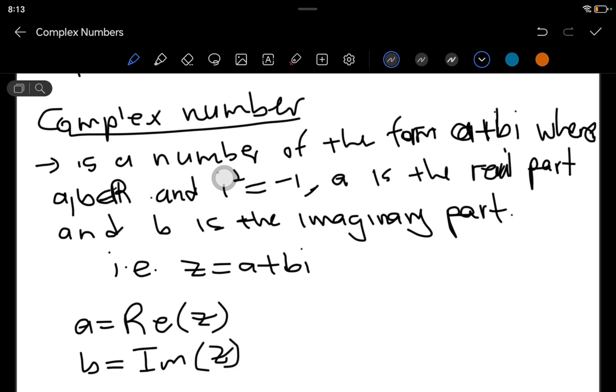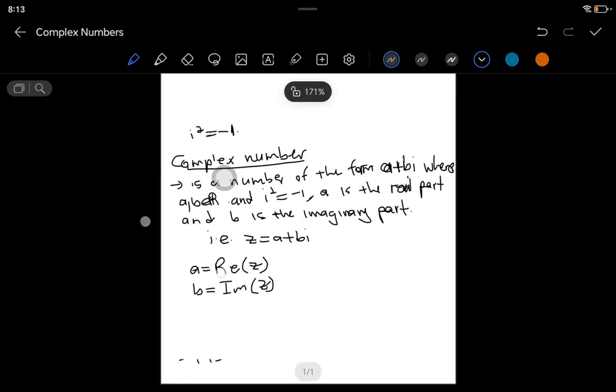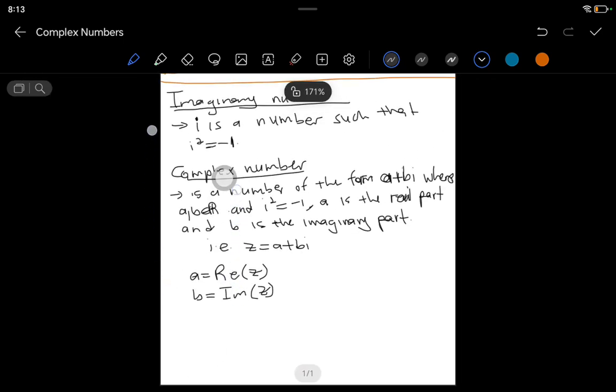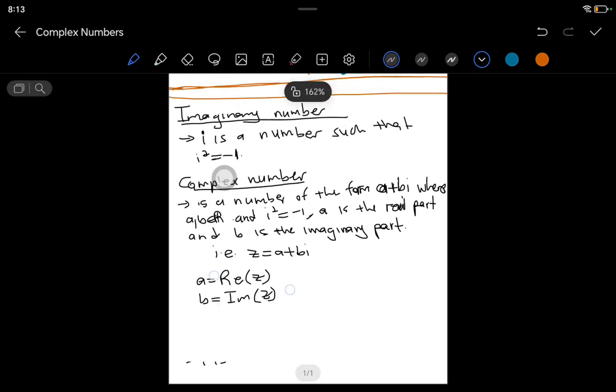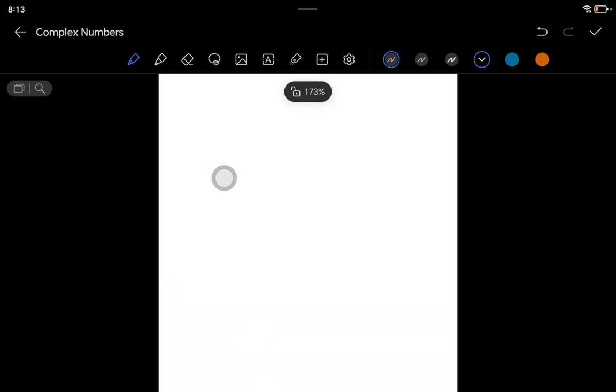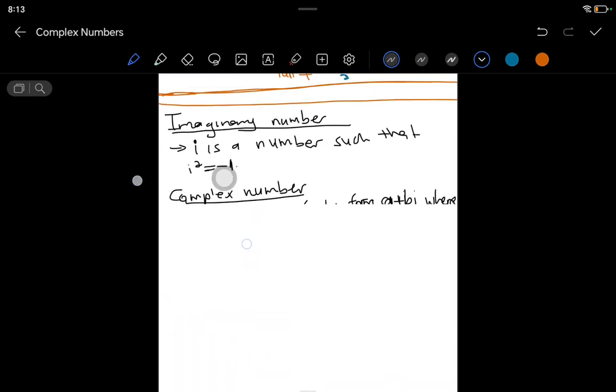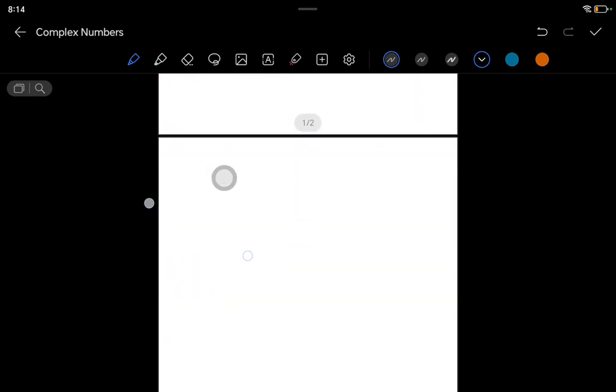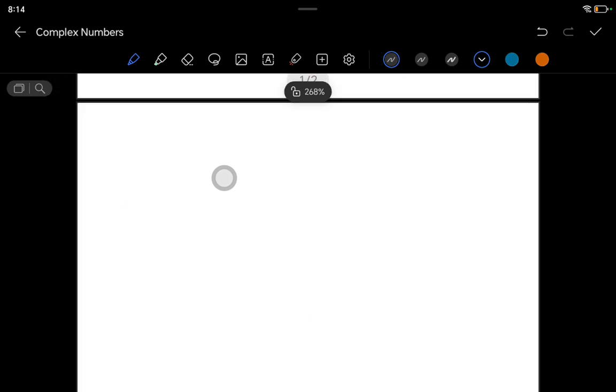Now, let's look at some of the examples that we can be given. We have different types of computations, or operations, that we can do with complex numbers. So let's look at these operations.